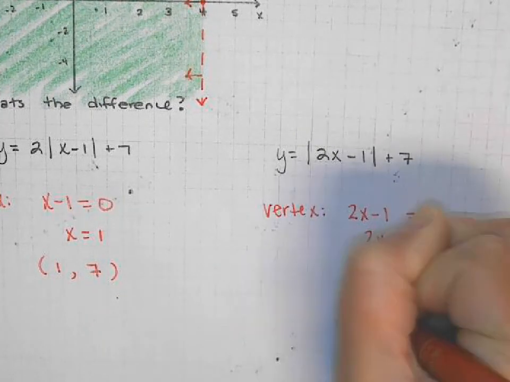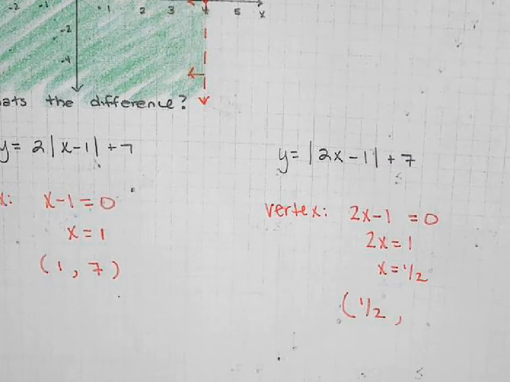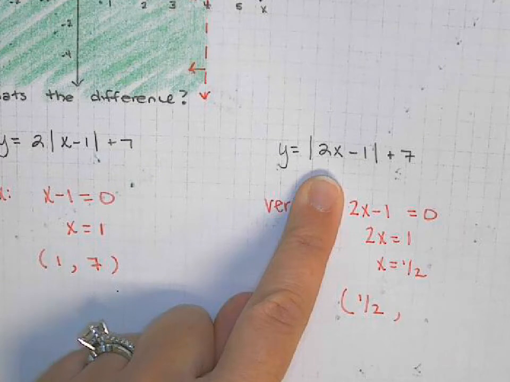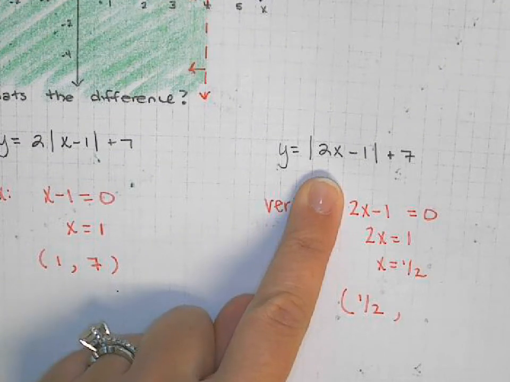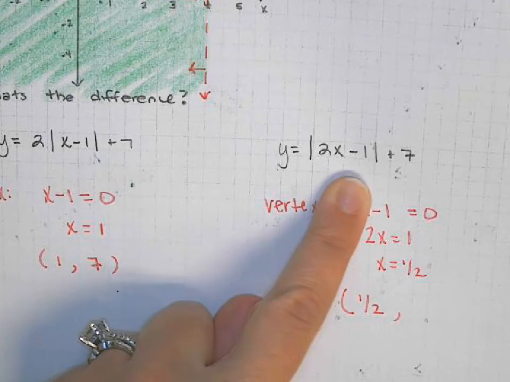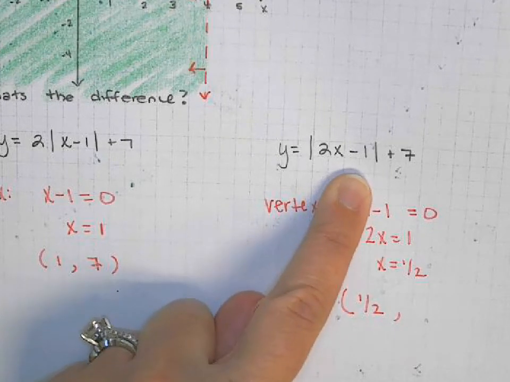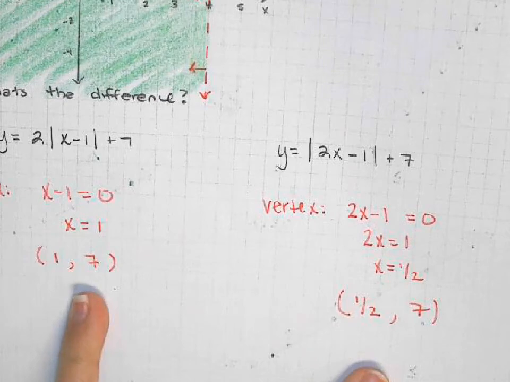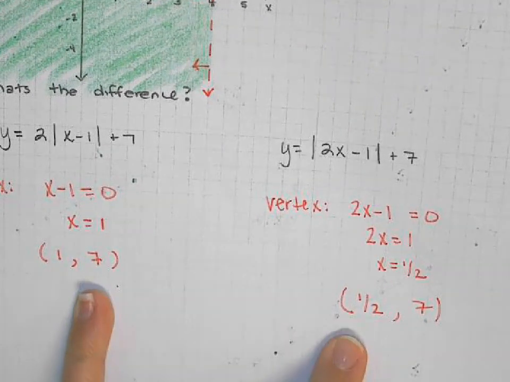Your vertex is at 1/2, comma, and we're going to have to plug it back in. 2 times a half is 1. 1 minus 1 is 0. What's the absolute value of 0? 0 plus 7 is 7. So your vertex is located at 2 different locations here.